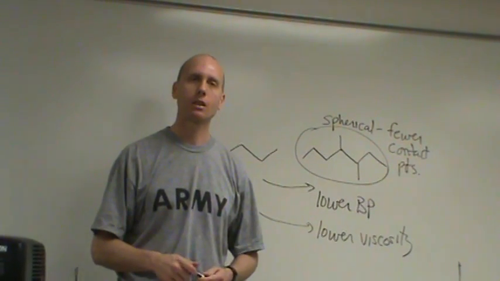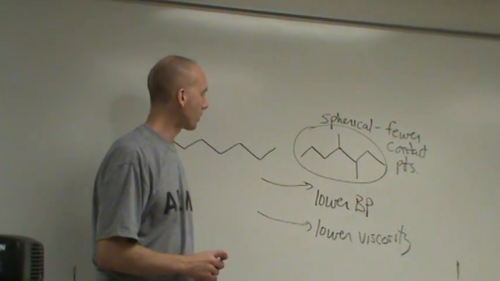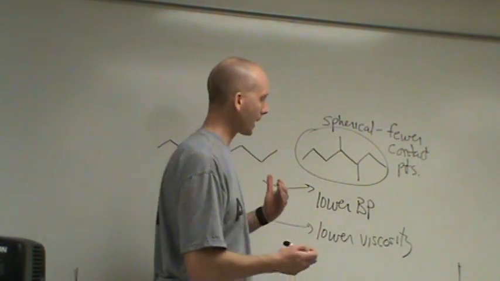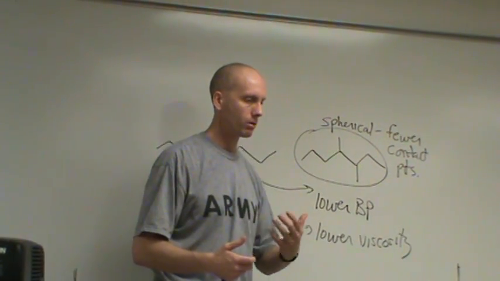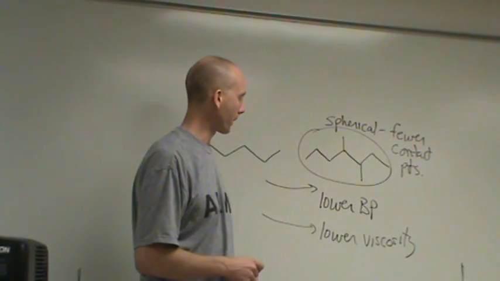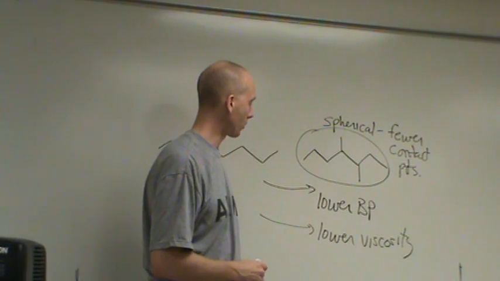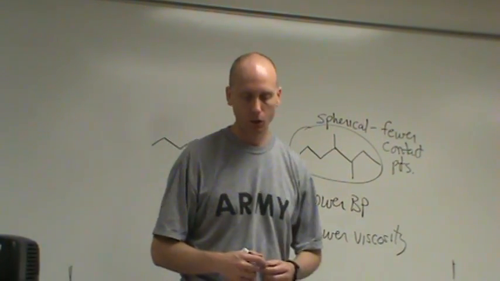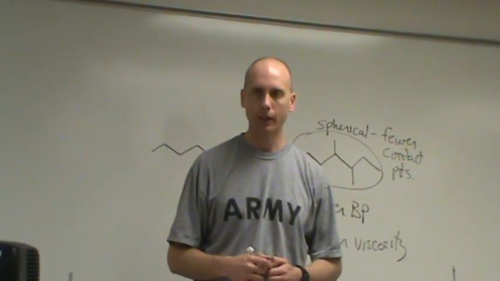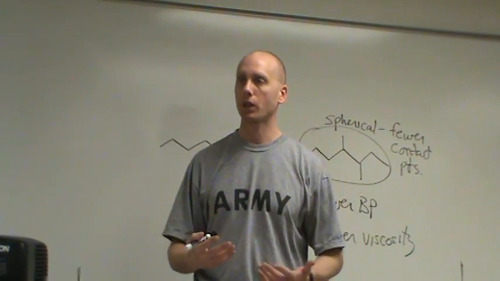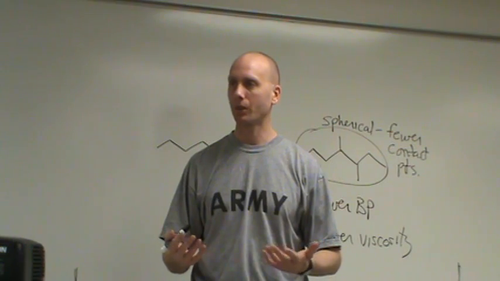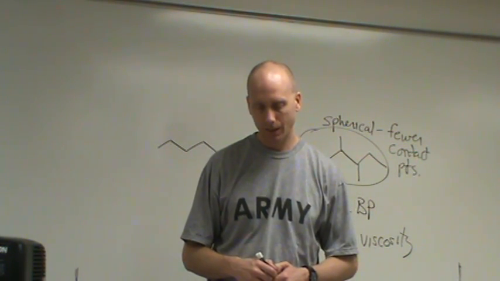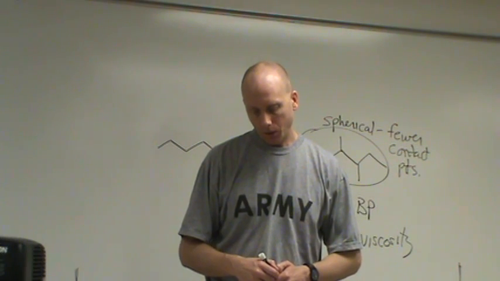So high viscosity means it's pouring slowly. A lower viscosity is always associated with lower boiling points. So water would have a lower viscosity than syrup, because it pours a lot faster.